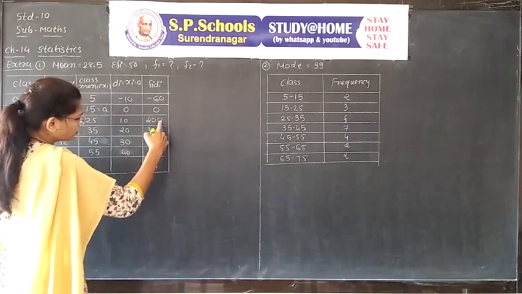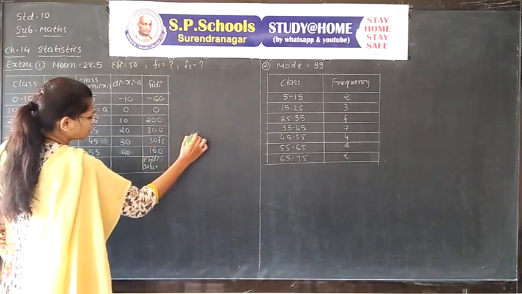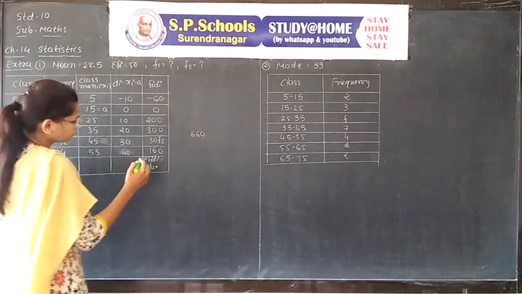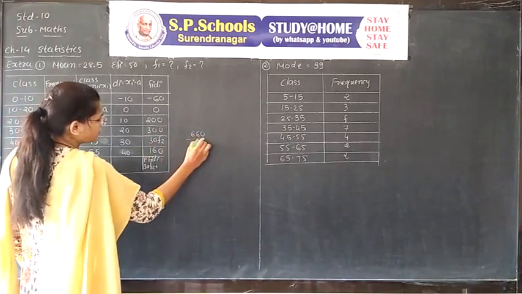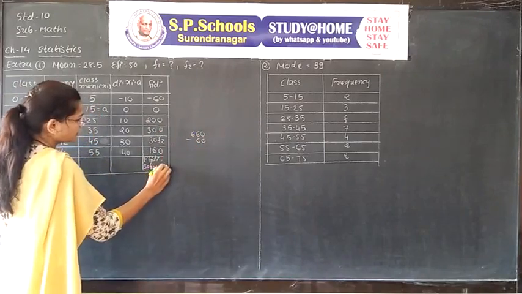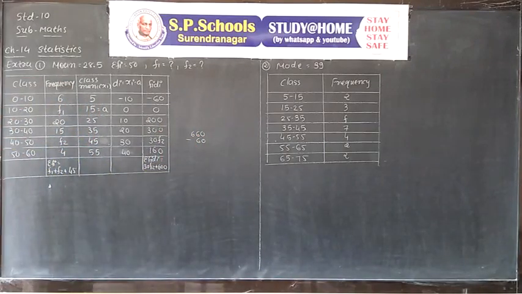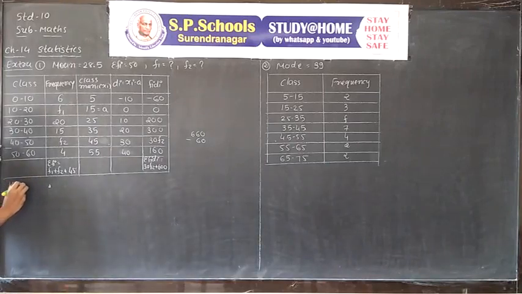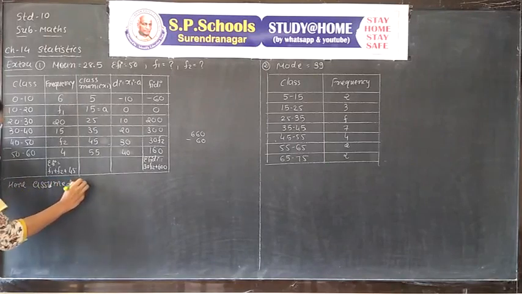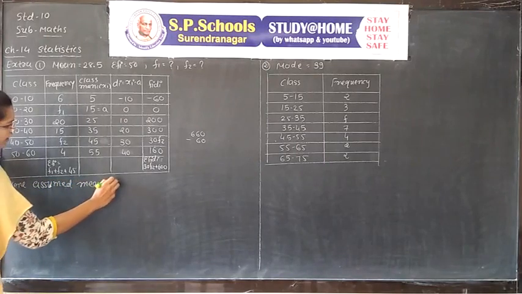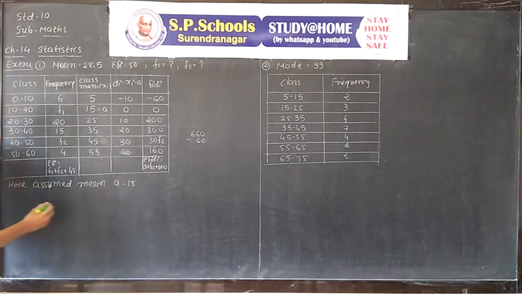Now 500, 660, minus 60 gives plus 600 which is our sigma fi di. Here assume mean a is equal to 15.